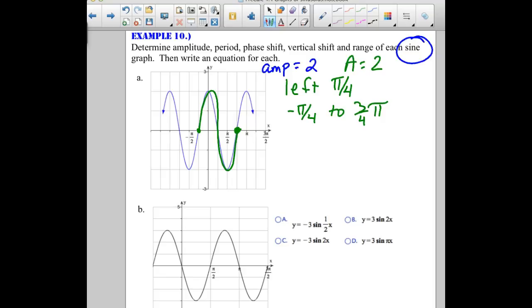So our period is 1 pi. What does that mean our B term was? Yeah. Okay. Have we moved it up or down at all? Our zero line is really looking right at like it's on the x-axis, right? So our K value would be 0. We didn't have any kind of vertical shift.